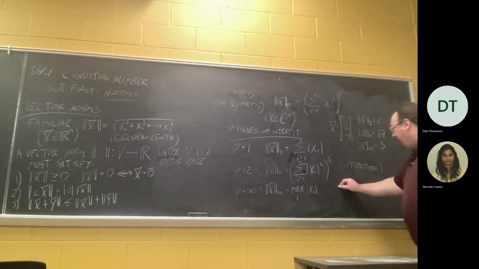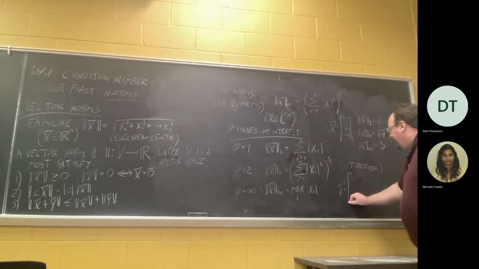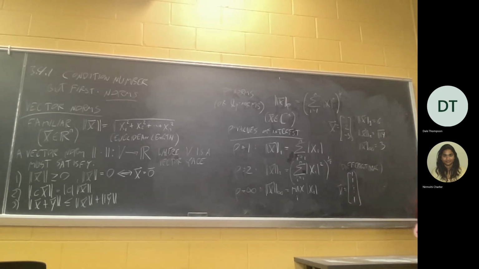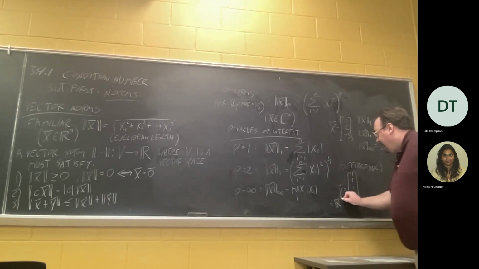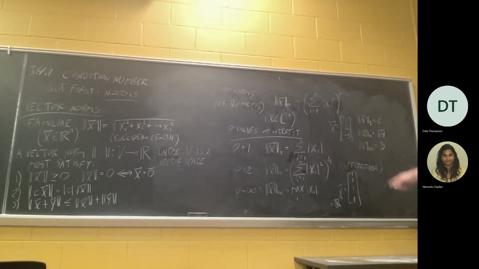Let me work another example, because this is something that comes up now and then. If I have a vector that is all ones in n-dimensional space, so we have n ones here, then the 1 norm of x is equal to n. The 2 norm of x would be the square root of n. And the infinity norm would just be 1.